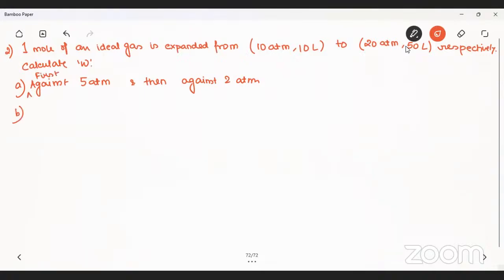Second question, if expansion occurs in a single stage. Okay, solve. Try and solve.